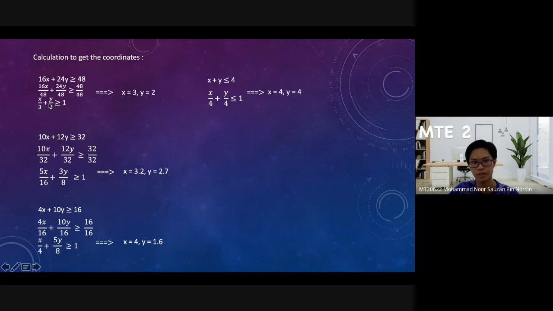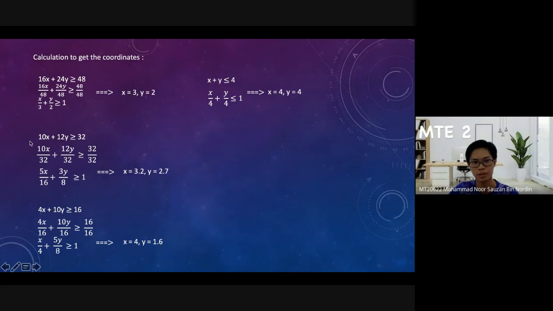So it will be x over 3 plus y over 2. From this equation, we can see x equals 3 and y equals 2. That will be our coordinate that we can point in our graph later on.